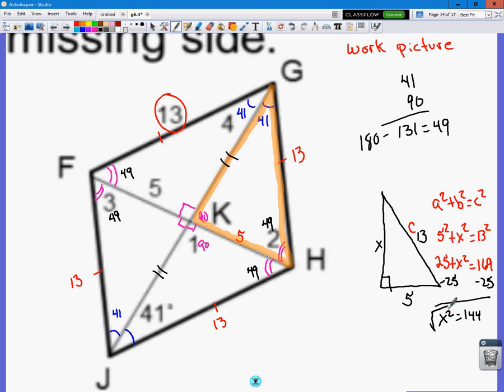Finding its what? Square root. The square root of 144 is 12. So each one of these pieces is going to be 12. So now I filled in all the pieces that are in that original picture.